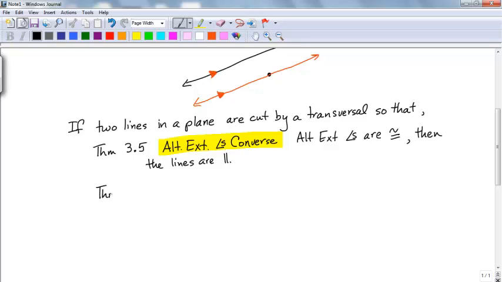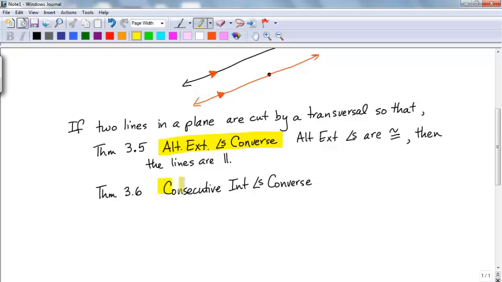Theorem 3.6. It would still start out if two lines in a plane are cut by a transversal so that, and this one has the name consecutive interior angles converse.